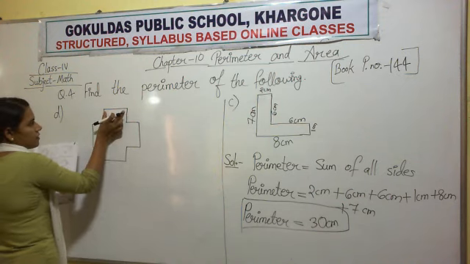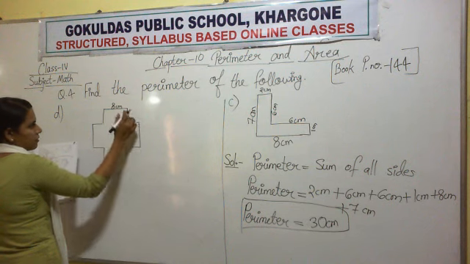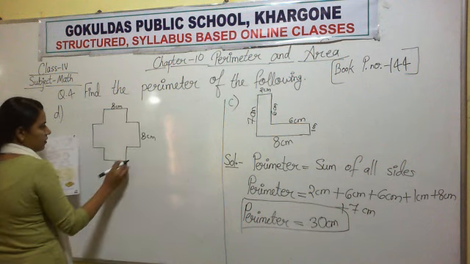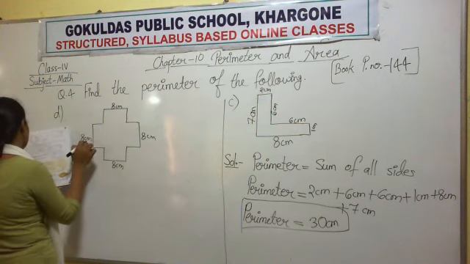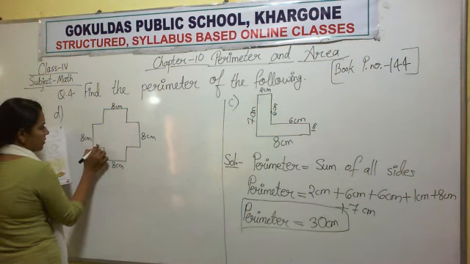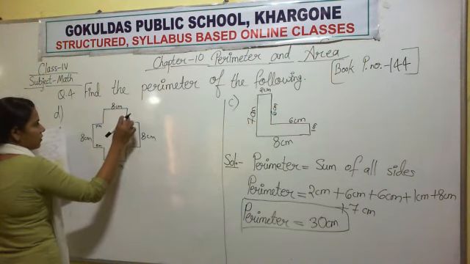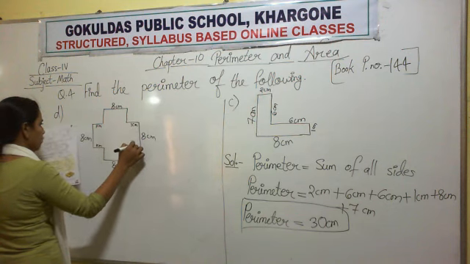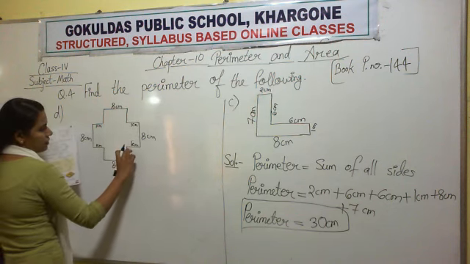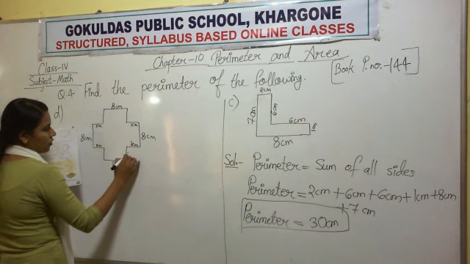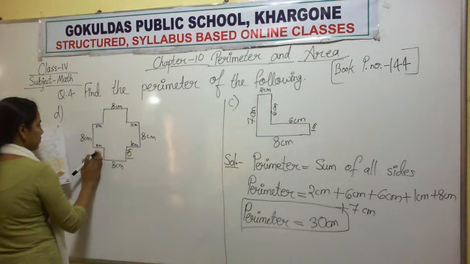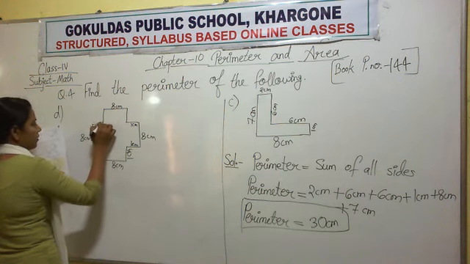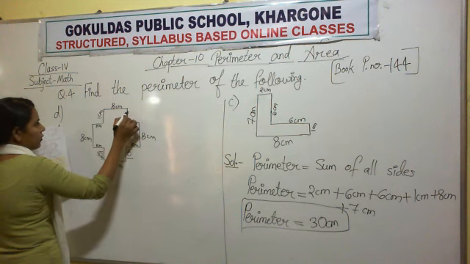In this figure, the length of this side is 8 centimeter, this side is 8 centimeter, this side is 8 centimeter, and this side is 8 centimeter. This side is 1 centimeter, this side is 1 centimeter, and the remaining sides are also 1 centimeter each.